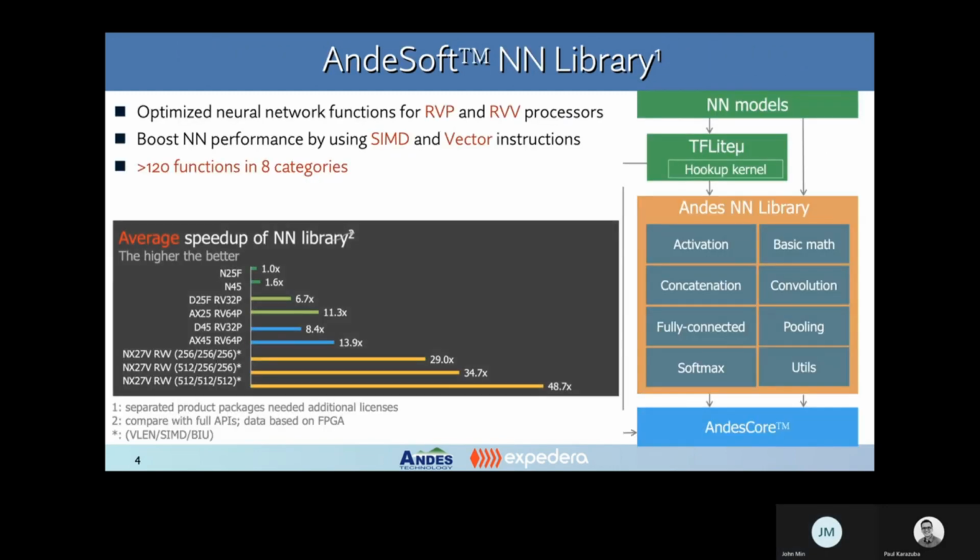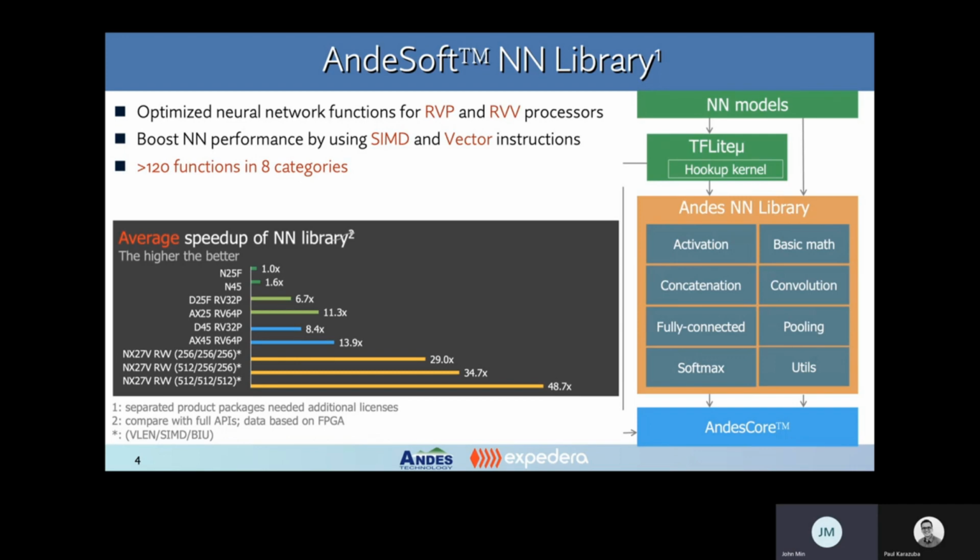Next slide. So, one example of the AI fundamentals: we don't support the entire AI models. What we support is software that accelerates different functions of the model. For example, we have activation functions, basic math functions, concatenation, convolution, and other functions that you can use as a building block to build your AI runtime kernels.